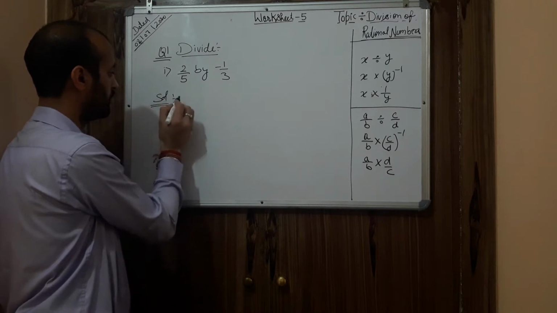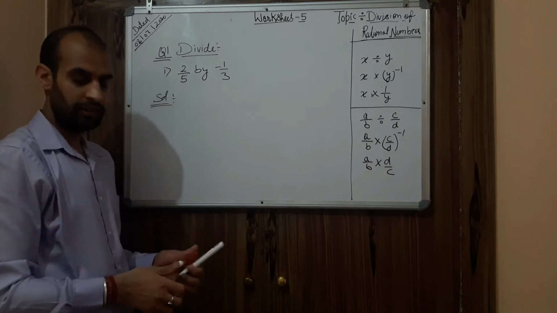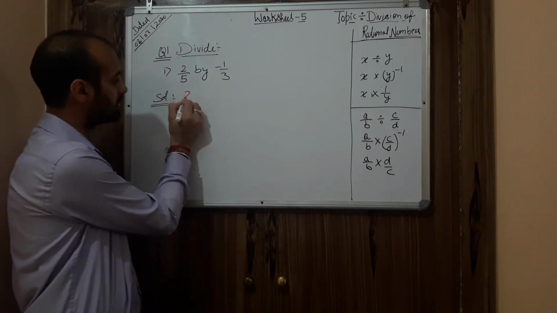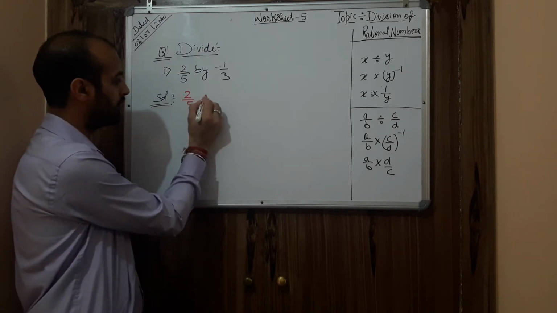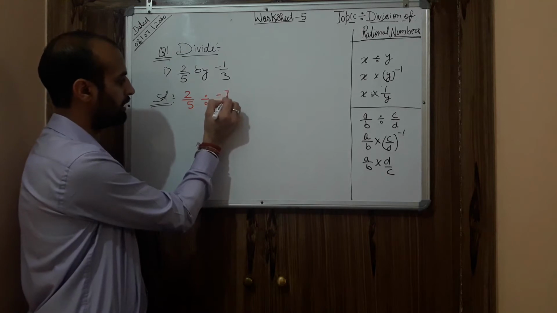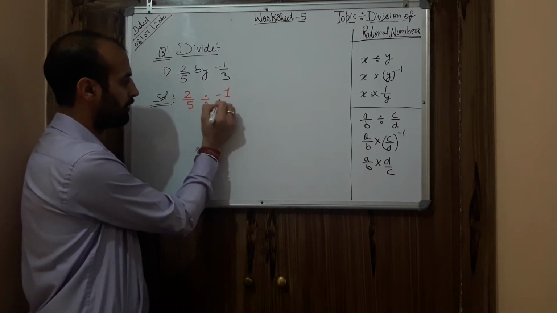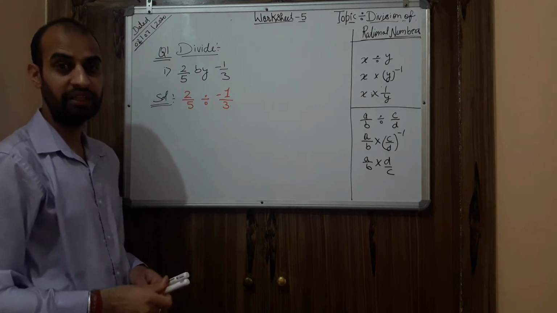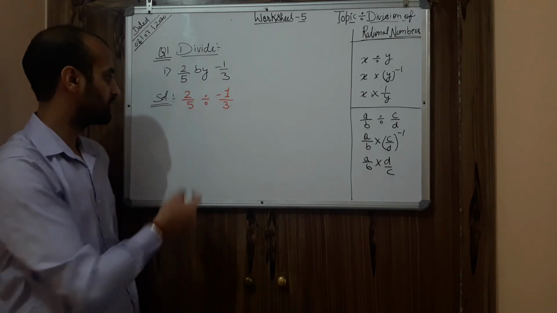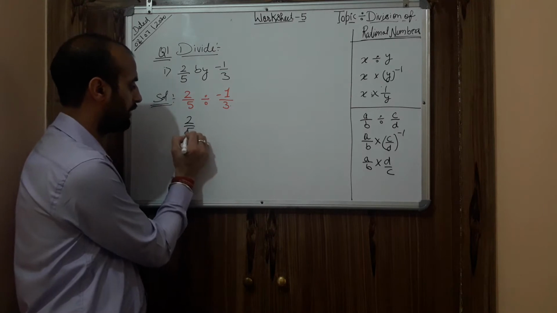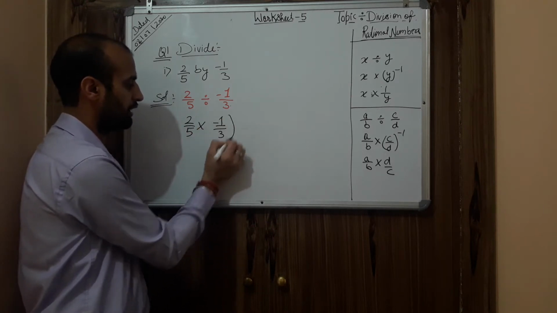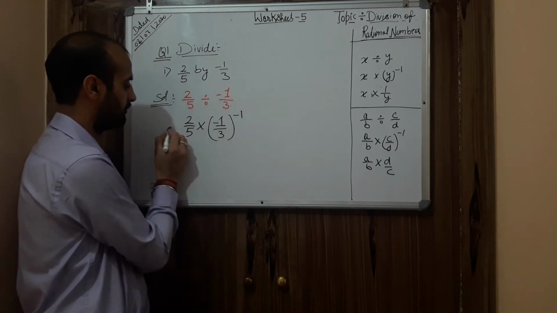We are interested in calculating its solution. Just write it as it is written: 2 upon 5 divided by minus 1 upon 3. Next task is to take the reciprocal of the second number. So you can write 2 upon 5 multiplied by the reciprocal of minus 1 upon 3.